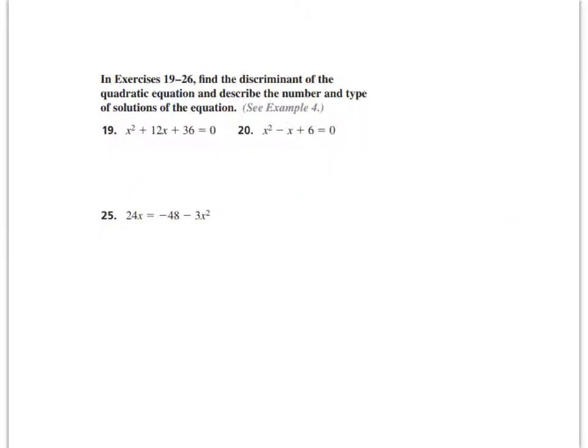Okay, let's look at number 20 right here. I got x squared minus x plus 6 is equal to 0. A is 1. B, of course, is negative 1. And c is positive 6. Let's take our numbers and throw them into our discriminant, which is going to be b squared minus 4ac.